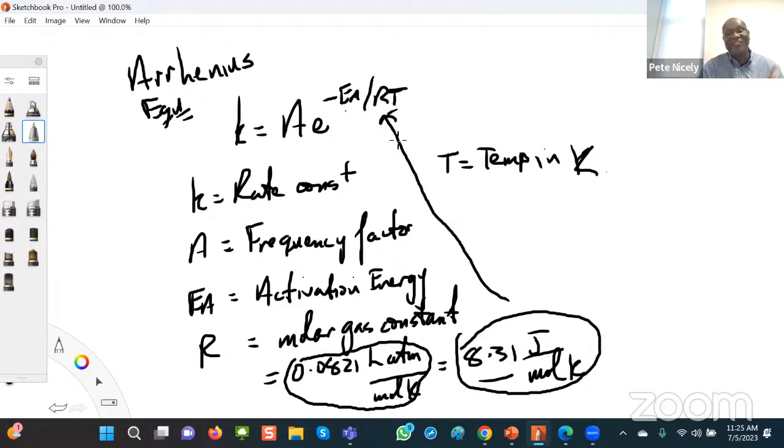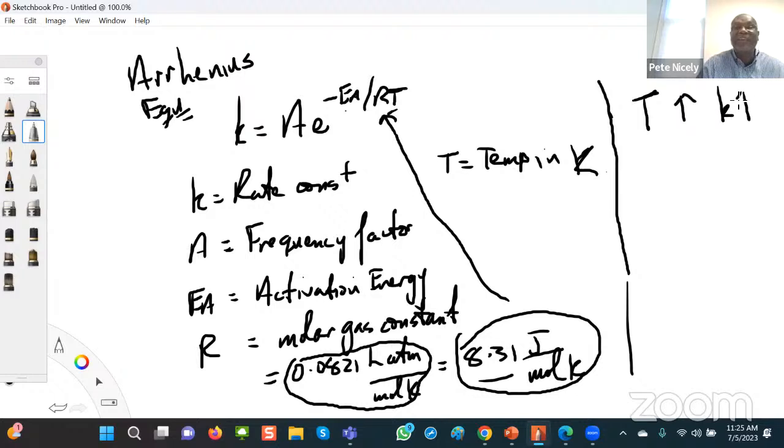Now, if you look at this equation and inspect it more carefully, you'll see that there are some interesting relationships that you can determine by comparing the rate constant to different terms and holding other terms constant. So for example, let me squeeze it over here. Let me just draw a line here to avoid confusion. If you look at this equation, you'll notice that as temperature increases, k would increase, which makes sense, right?